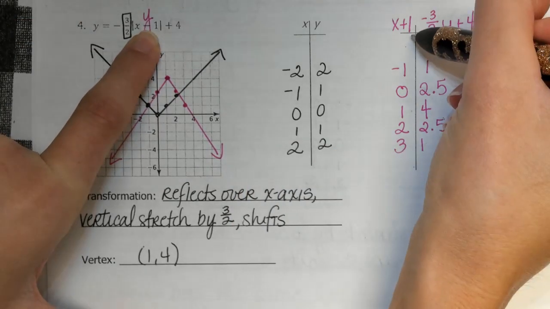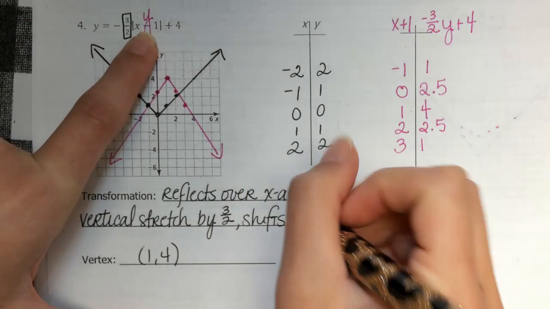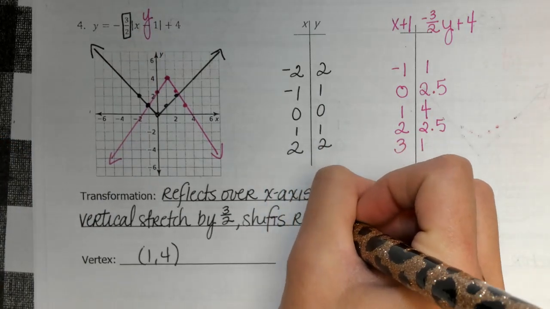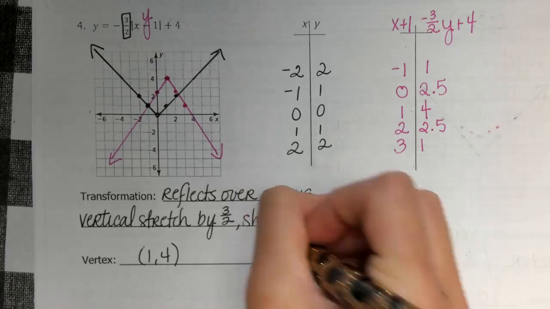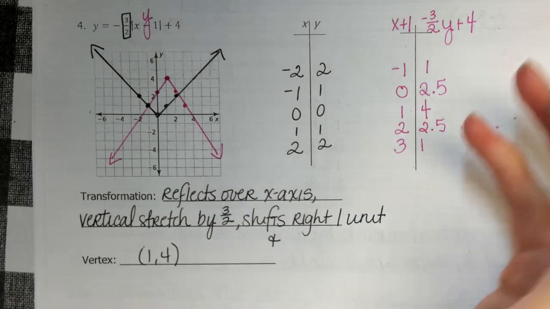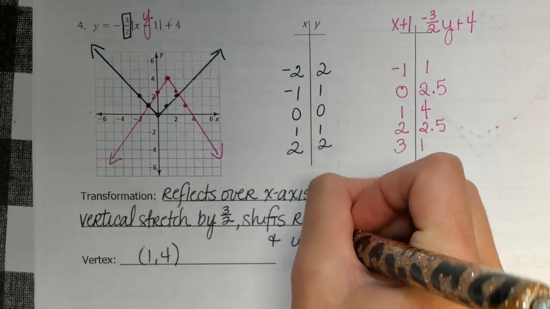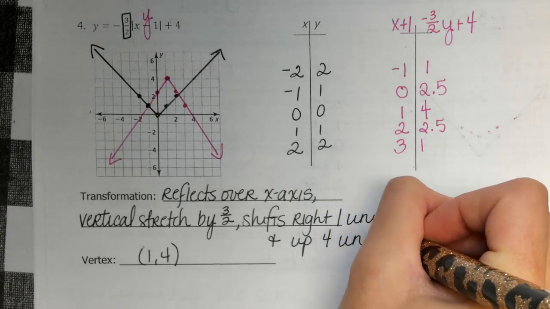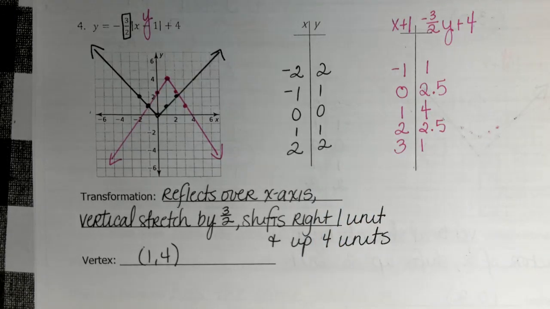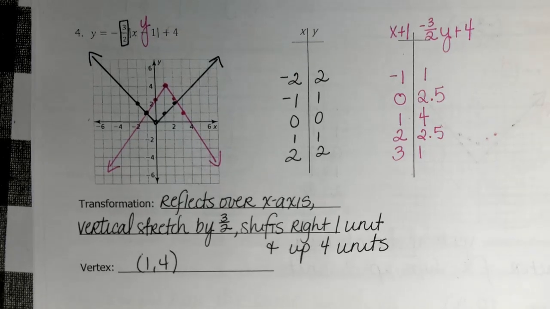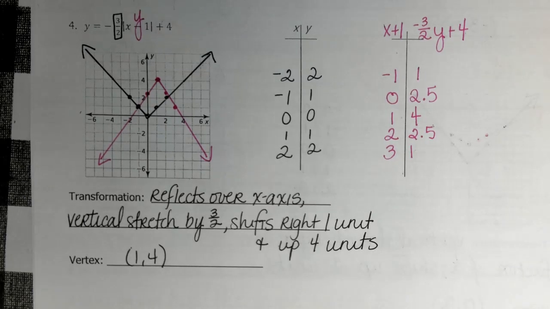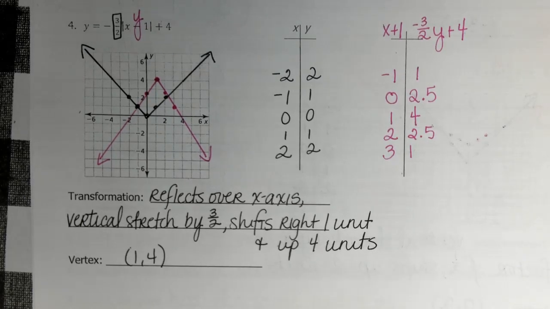That minus 1 was really a plus 1, so it goes right 1 unit. And where else did it go? Up 4 units. Are we good with that? Do we have any questions on the graph?